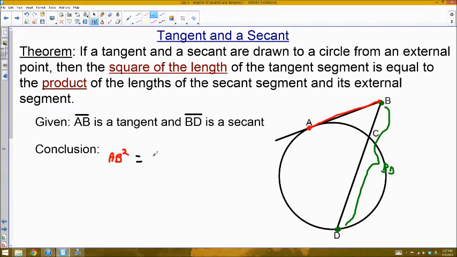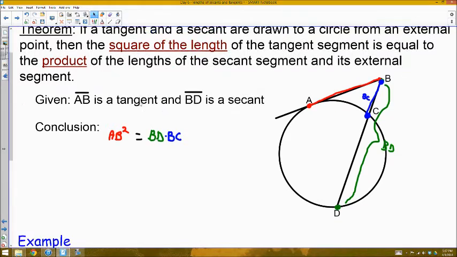So it's the product of BD and the external portion of the secant segment, which is the segment between the external point and the closer point of intersection with the circle, BC. Okay, so the square of the tangent segment is the product of the secant segment with its external segment.